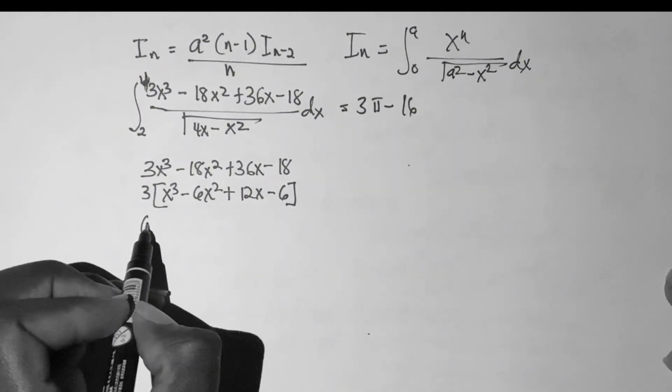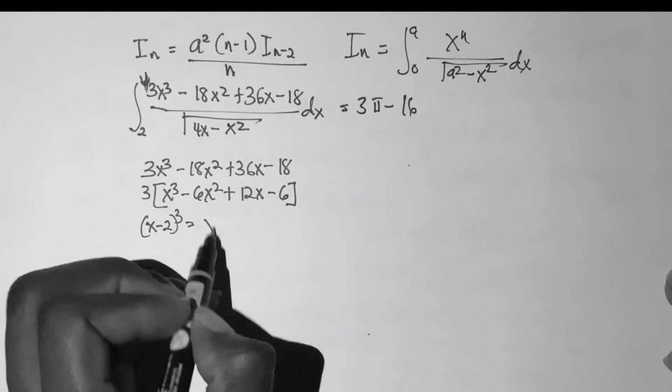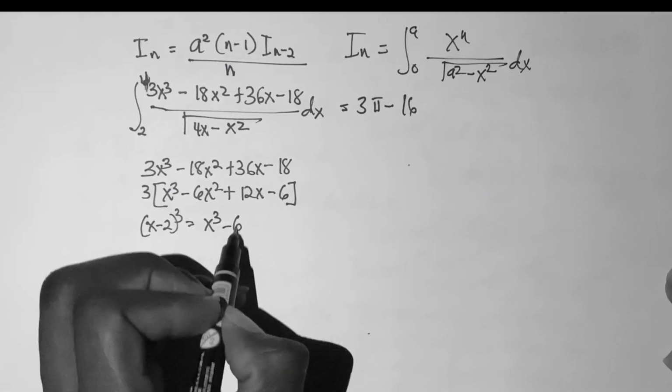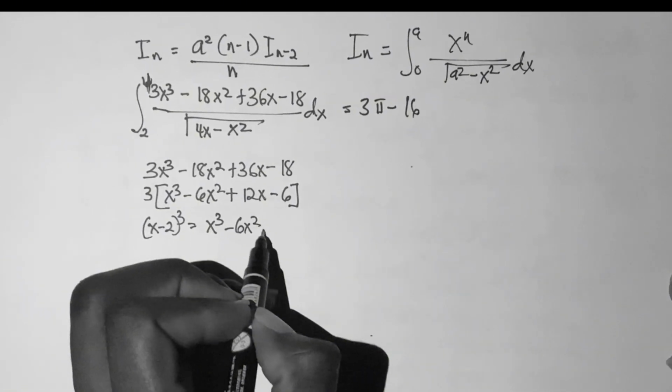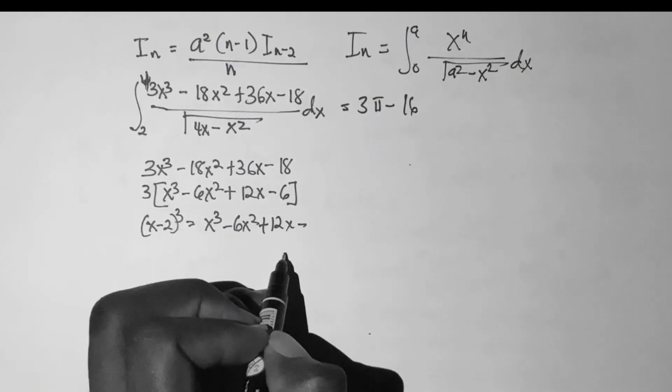Now, what is x minus 2 cubed? This is the same as x cubed minus 6x squared plus 12x minus 8.